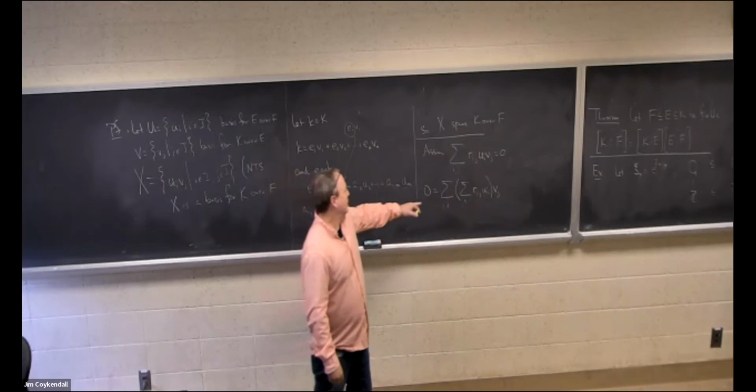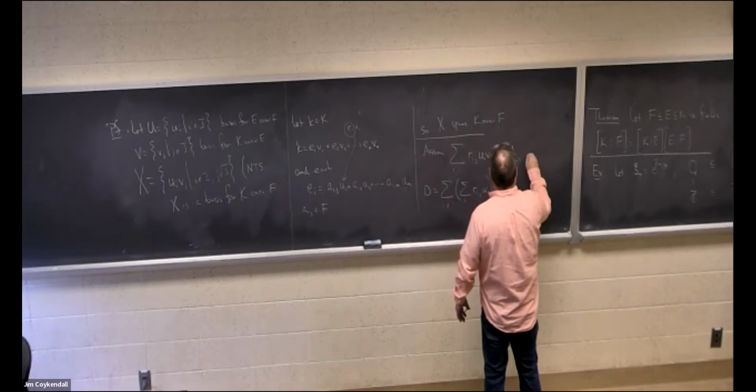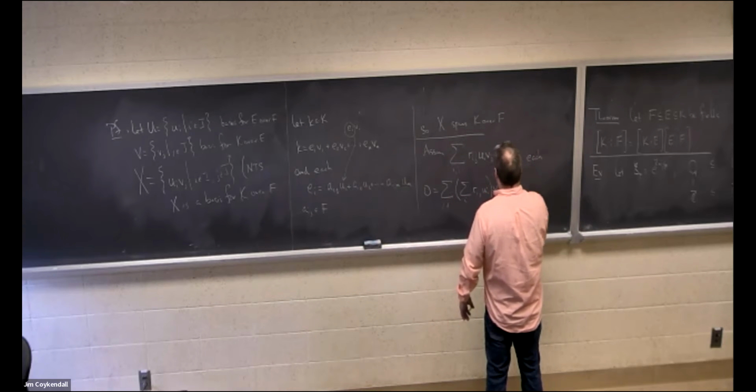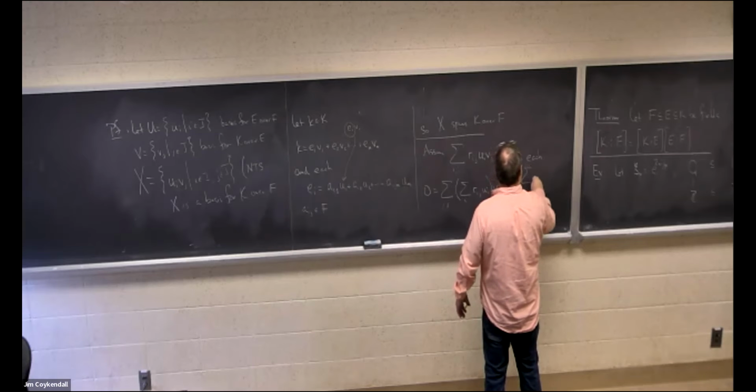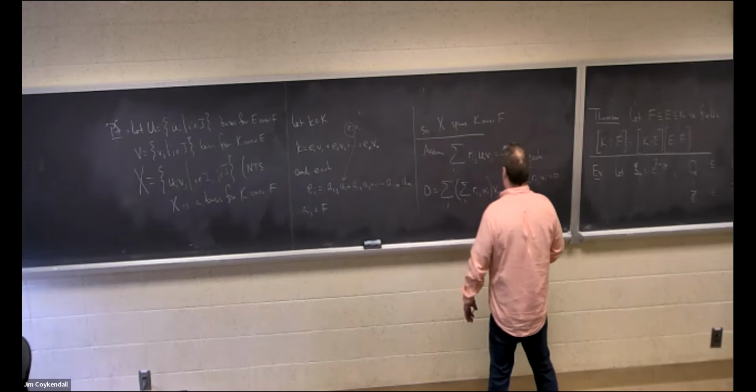Now, because of the linear independence of the b_j's, each one of these, the sum of r_ij u_i, is 0.